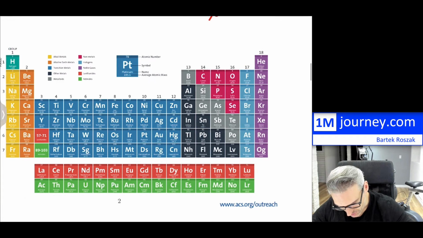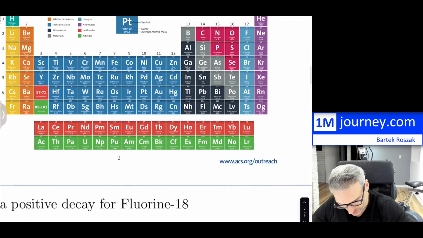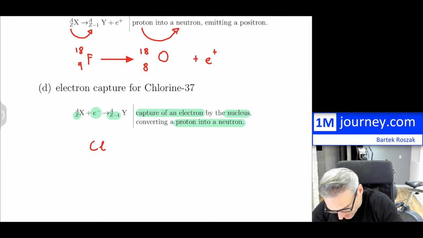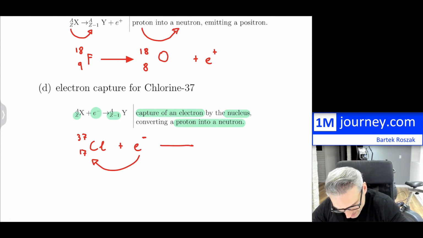So I'm going to just go back in here. So that's within chlorine. Let's write this out. So this is going to be Cl, 17, and this is 37, and now plus the extra electron that it captures in. So this is going to get sucked in right in there, which means that all of a sudden you have a reduction.